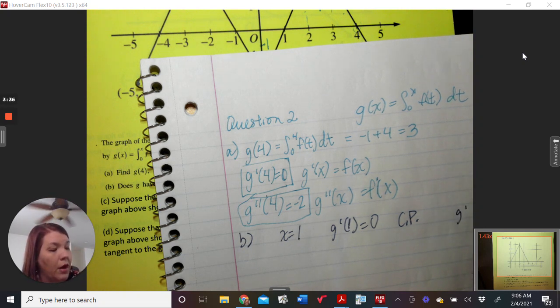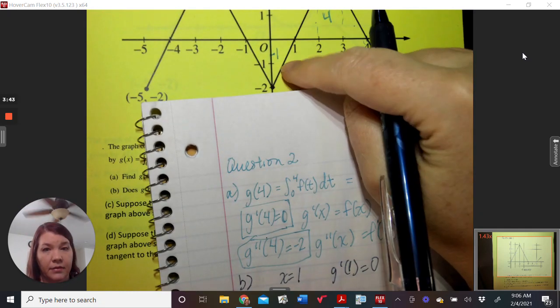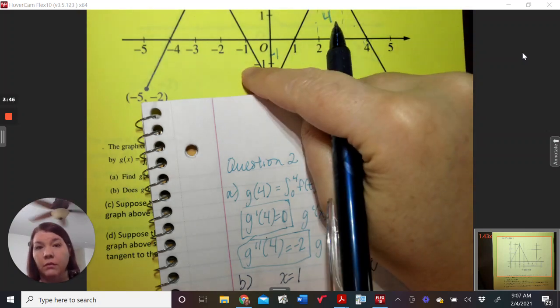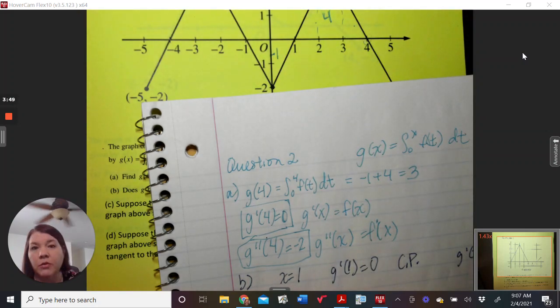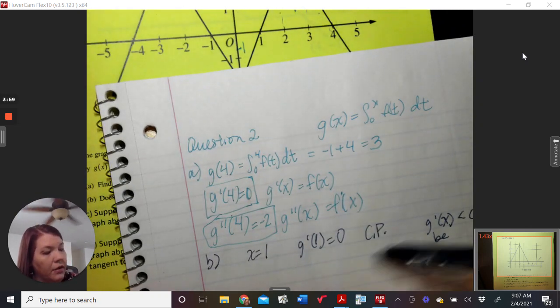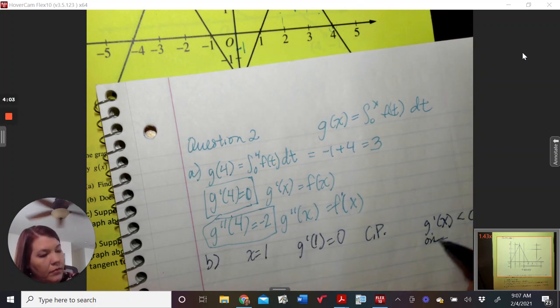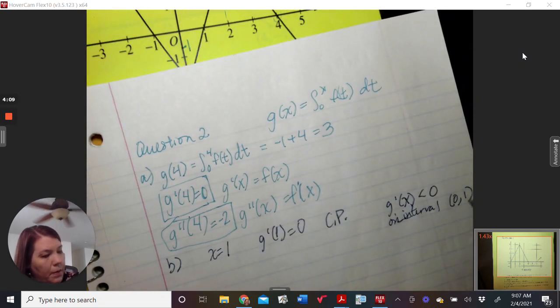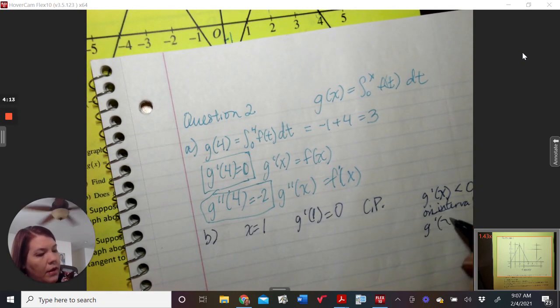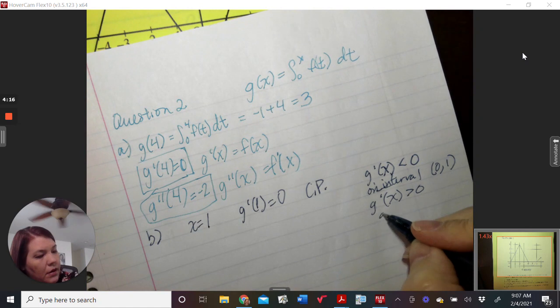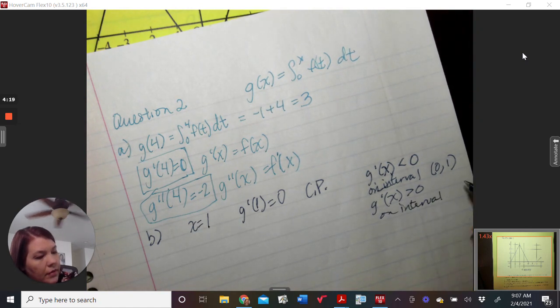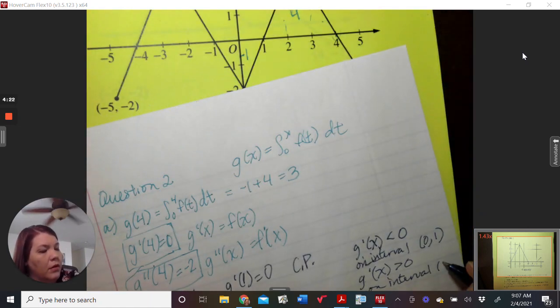So g prime of x is negative on the interval (0, 1), and g prime of x is positive on the interval from 1 to 4.